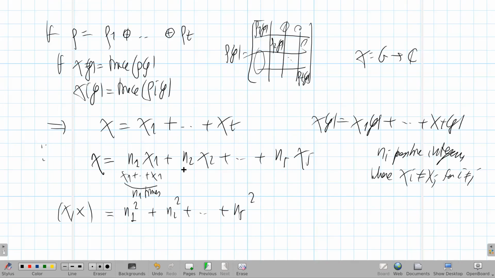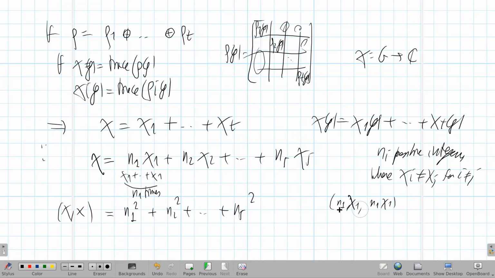Because the inner product is distributive on both sides, and so all products from this to this are 0, because chi1 chi2 is 0.